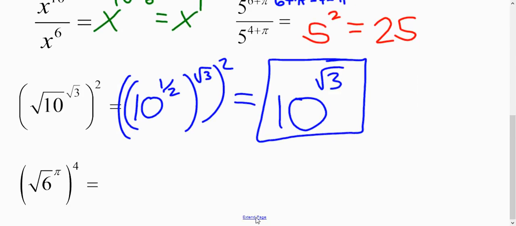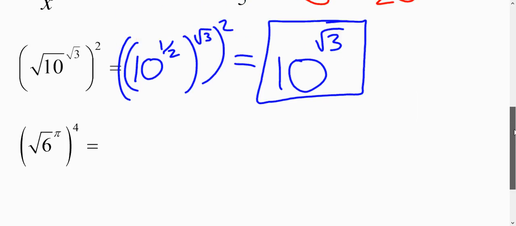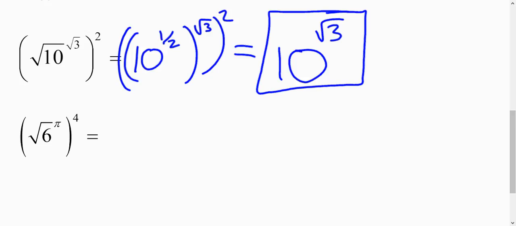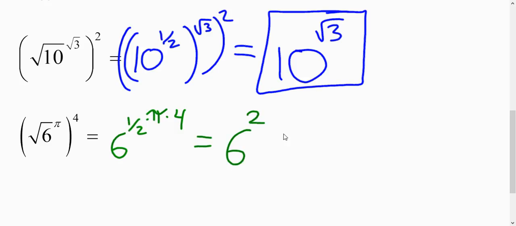We've got one more just like that. Again, square roots are like half powers. So this is 6 to the 1/2 to the pi to the 4. Since it's power to a power, you just multiply. 4 times 1/2 is 2 times pi.